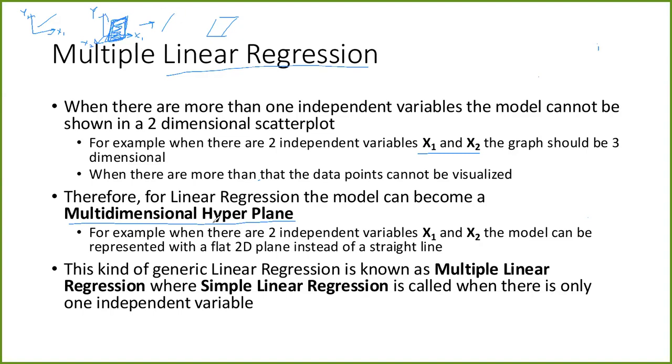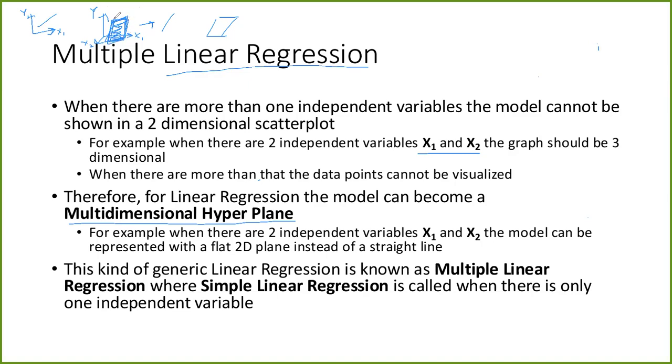So the dimensionality of this hyperplane is one dimension lesser than the total number of dimensions in this space, right? So in this case, there are two dimensions, x1 and y, so the line is one dimension. Because there are 3 dimensions, x1, x2, and y, this plane becomes 2-dimensional.